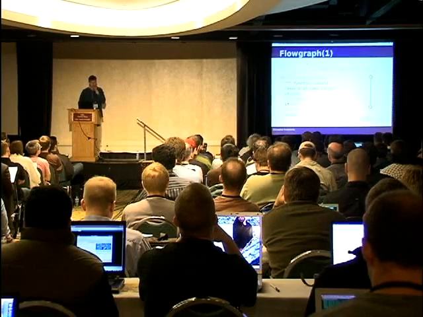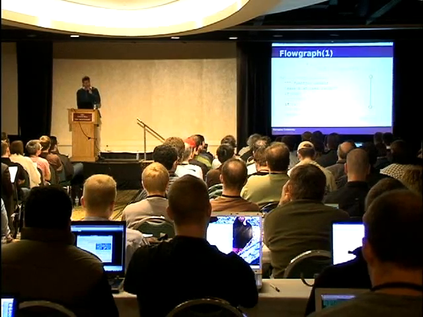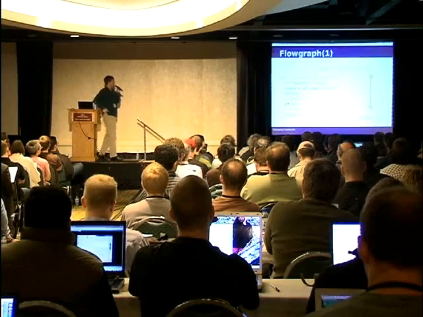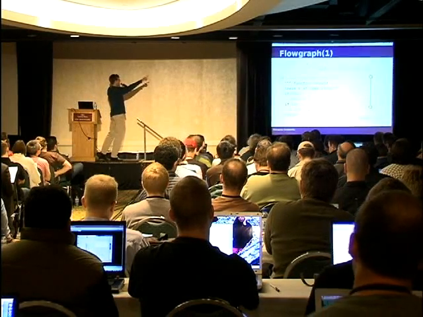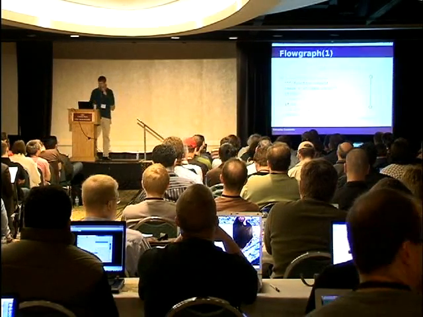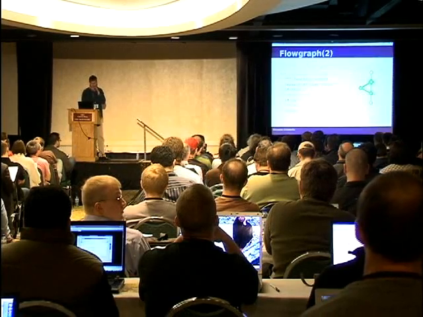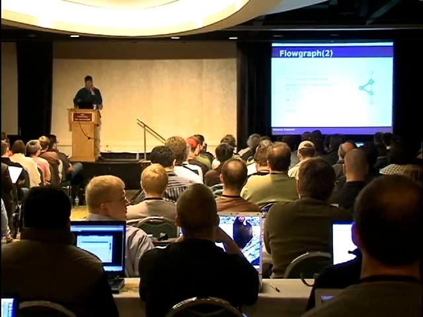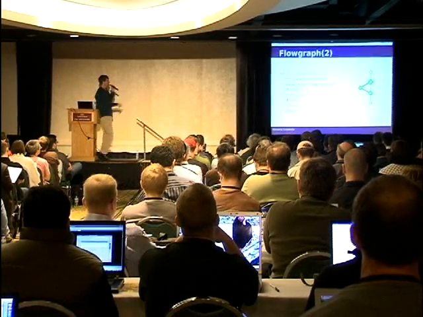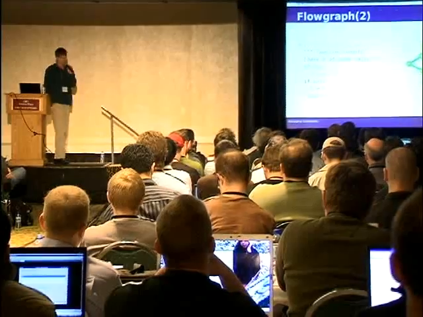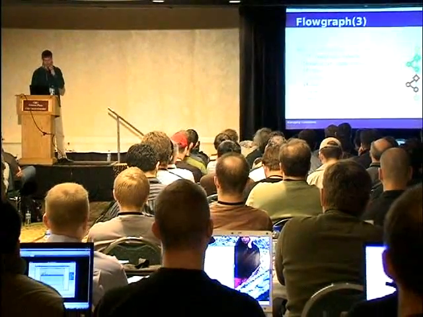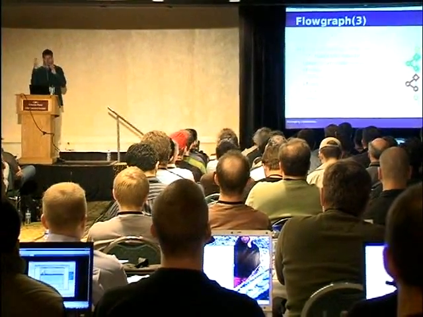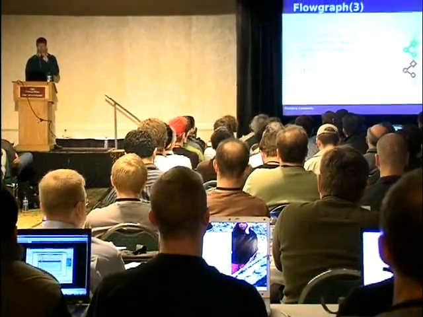So the first thing you want to do is convert it to this flow graph, so you have an entry point and an exit point, and then you go through and find all of your conditional statements. There's a branch there, so I'm going to put that in. Here's another branch, and I'll put that in. And now I have my flow graph for my code.